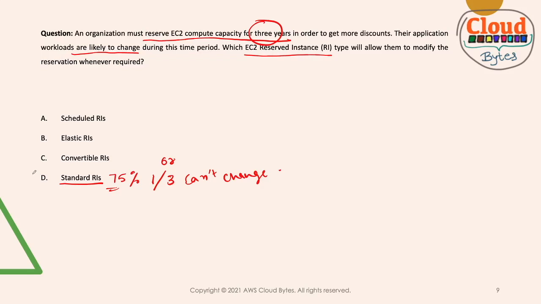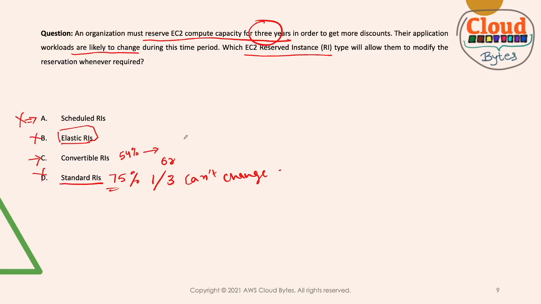So this is not the option. Convertible RI provides a discount of 54% on demand, and they have the ability to change the attributes of the reserve instance as long as there are some rules around it.